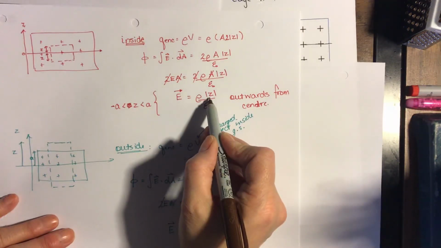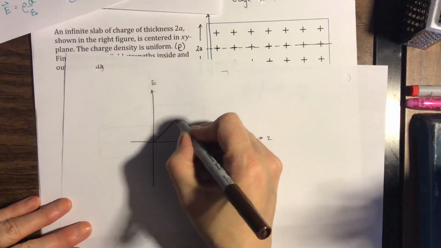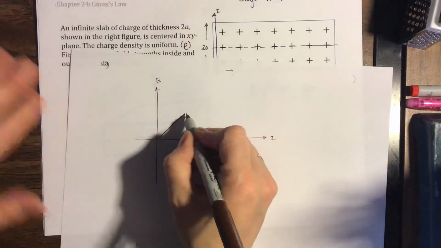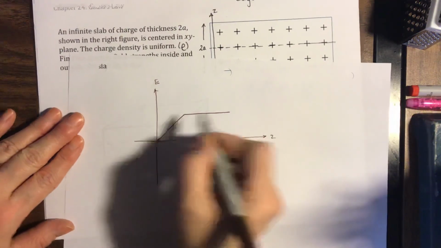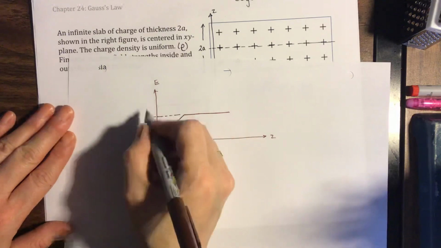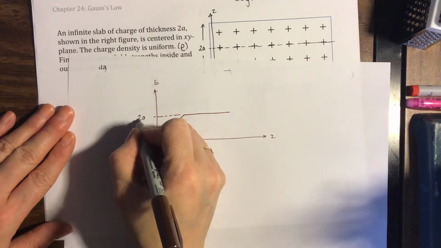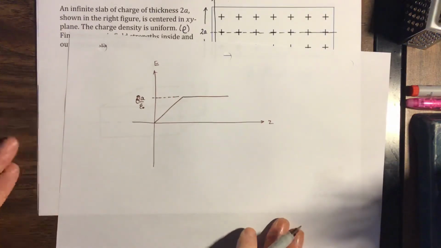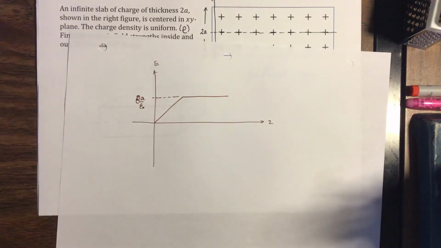Inside, the electric field is proportional to the distance, so it's going to be linear. And outside, it's going to be constant, so it would go horizontal. And this value here would be rho times A over epsilon naught. So there's a plot of the electric field as a function of distance from the center.